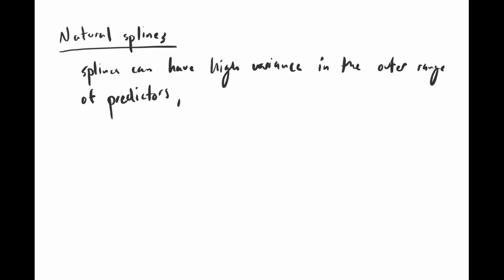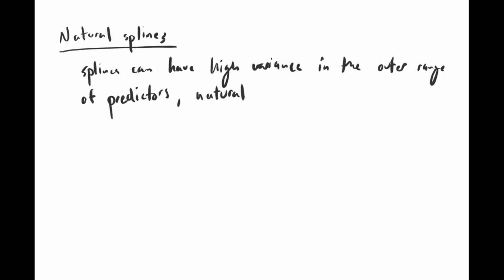And this is related to the issue with polynomial regressions in general having large variance right at the edges of the data. I will share the screen again on RStudio in a little bit, and we can see that happening. So just keep in mind, you'll see it happening right on the edges. And so natural splines are meant to try and address this.